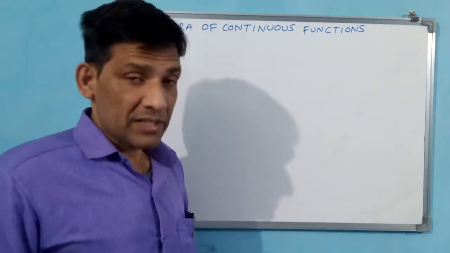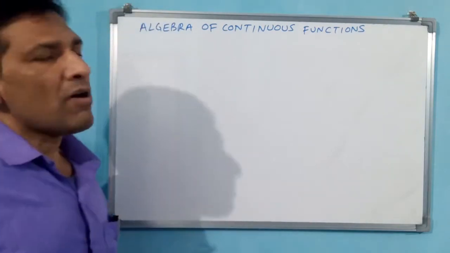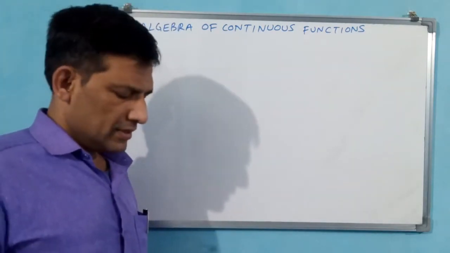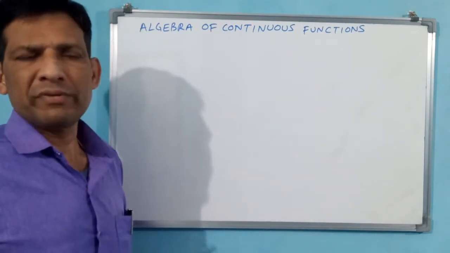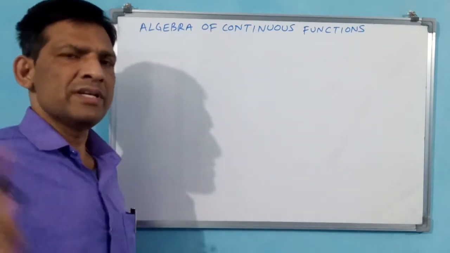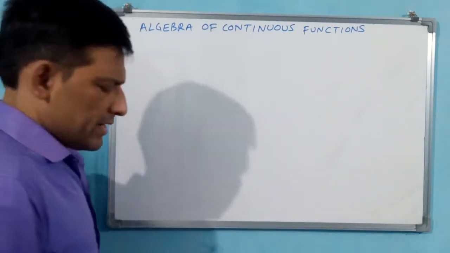Let us first understand the basic concept: algebra of continuous functions and preconditions. What are the preconditions? Minimum two functions we will take, but these two functions are already continuous. See what I am writing.